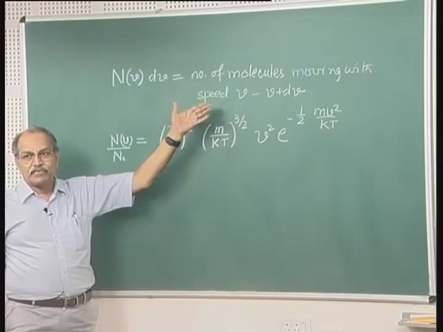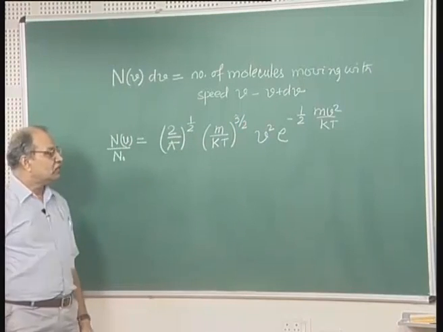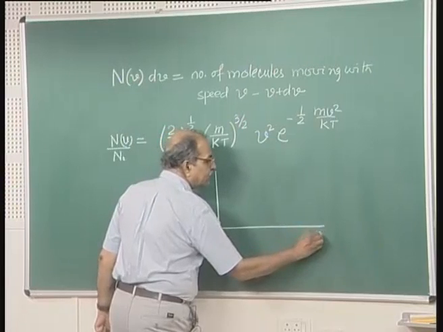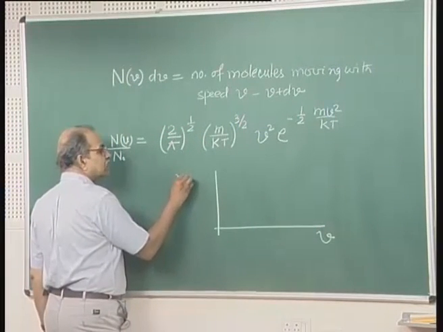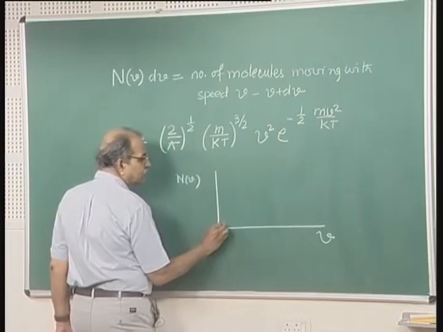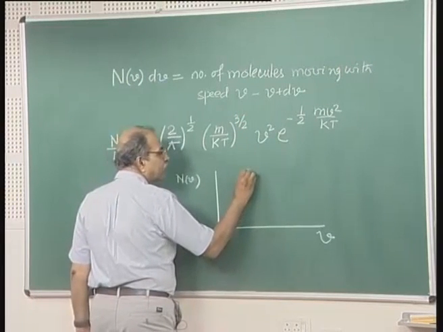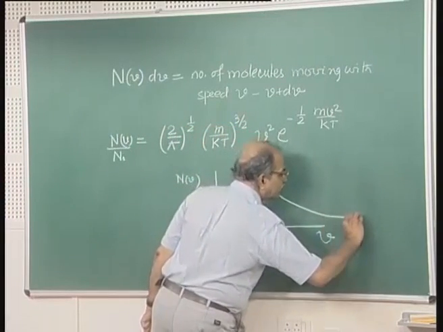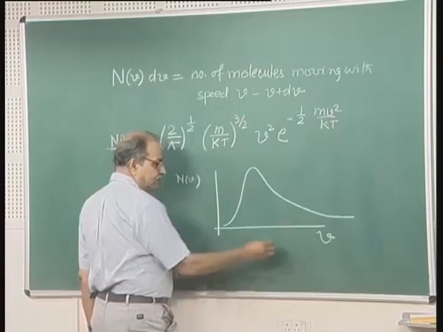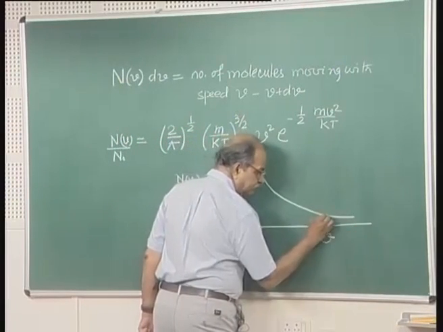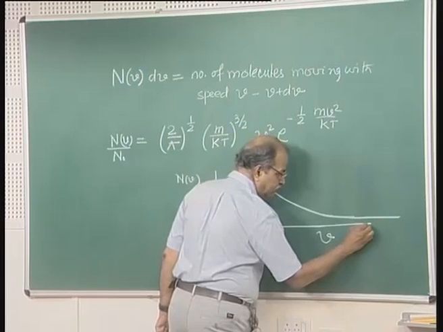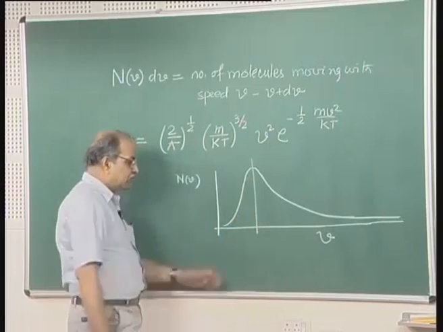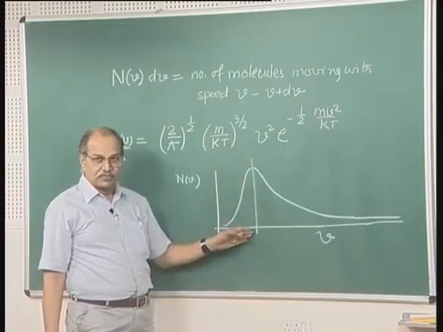And if you make a sketch of this, how does it look against v? If you plot this N(v), that will reach some maximum and then will decay because of that exponential minus half m v square by kT factor. So, here you have the maximum number of molecules at this speed.